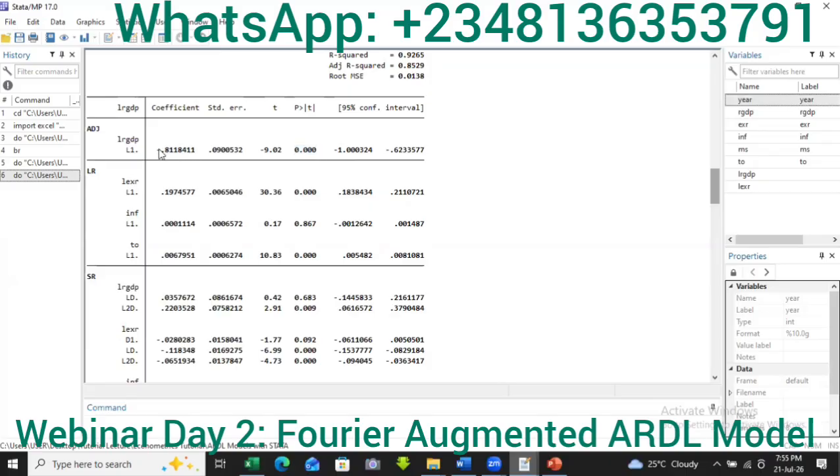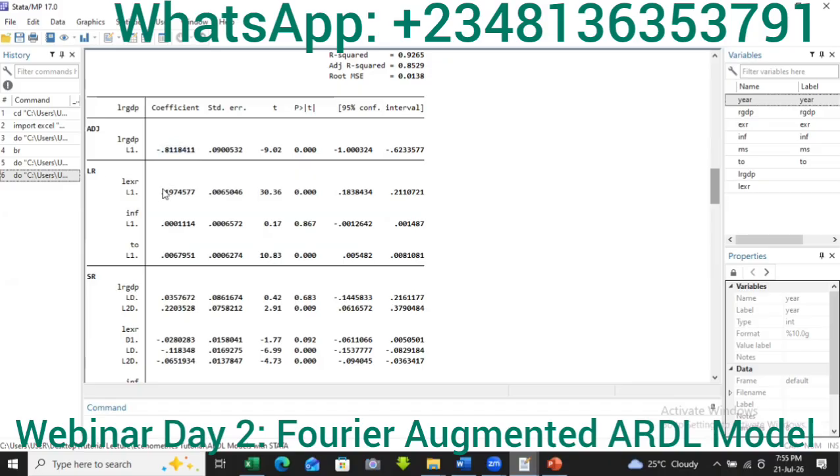Because the coefficient of the error correction term is negative, less than 1 in absolute value, and significant, this confirms the existence of a long-run relationship among the variables, that is log of GDP, log of exchange rate, trade openness, and inflation. This coefficient indicates that about 81% of the deviation in the previous year is corrected in the current year. That is, the speed of adjustment is 81%. That is the interpretation of this.